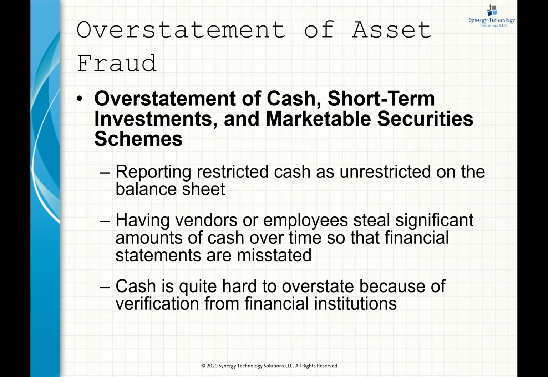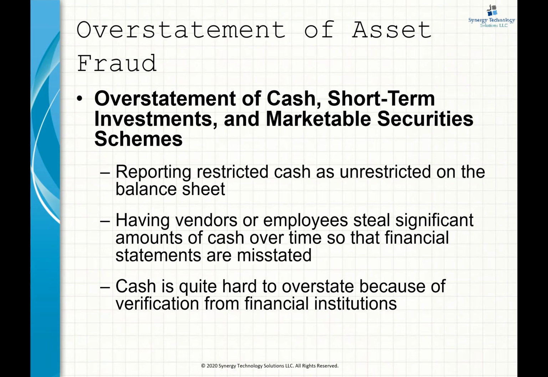Overstatement of cash, short-term investments and marketable securities. Reporting restricted cash as unrestricted cash. You know, restricted cash, sometimes you have a cash balance, but you have an agreement with the bank or a lien on a certain amount. So you have to show that certain amount is restricted.